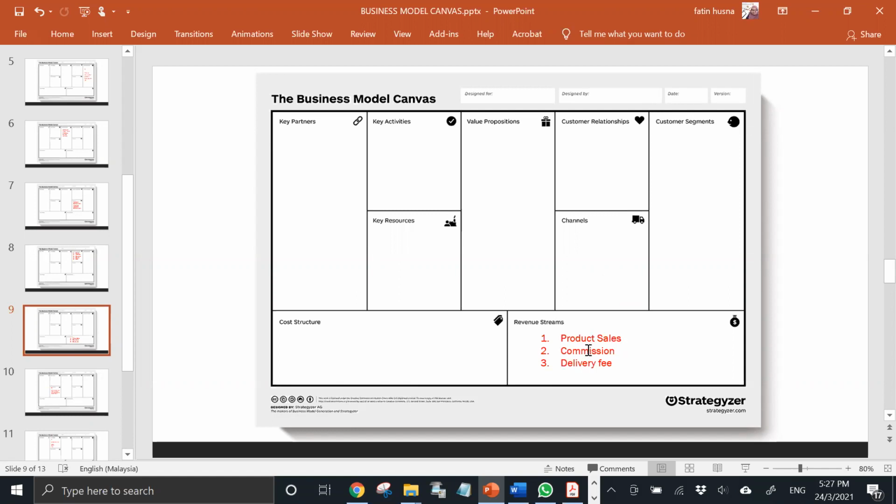Don't put all the commission, delivery fee, because each piece of information that you put here will lead to other boxes as well. So be true to yourself, and inshallah the BMC will be okay. It's not about how much information you put in the BMC, it's about the accuracy and enough information within the BMC. Okay, any questions so far?